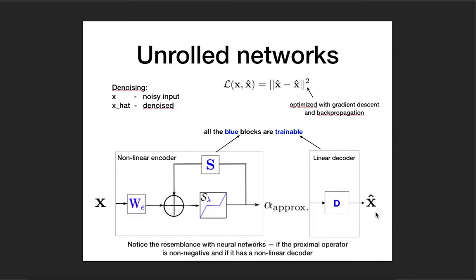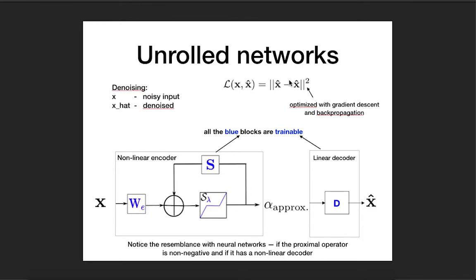If you think about it, it has some resemblances with neural networks. For example, you have a nonlinear encoding into an embedding space, which is your sparse codes. Here there are two things I want to say. First, if you render this W, E, S, and D as random matrices, and obviously you initialize well, let's say D is the DCT matrix and the others random, then you can think of all these as weight matrices in your neural network, and you can just backprop through them.